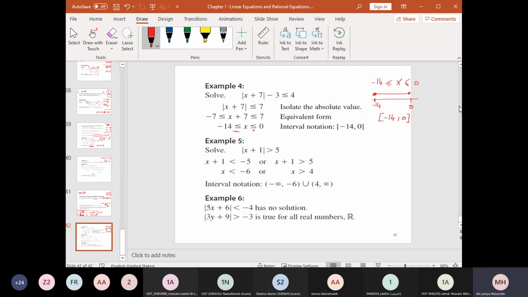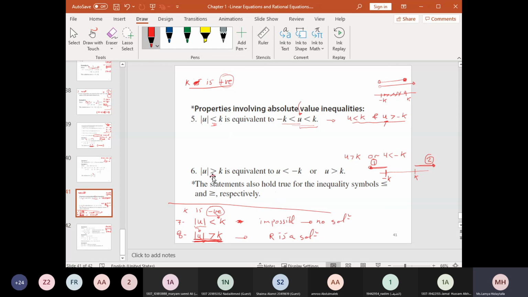Okay? The next example: the absolute value of x plus 1 greater than 5. Is 5 a positive number? Yes. And this sign is greater than. So it will be either this or that, the solution.